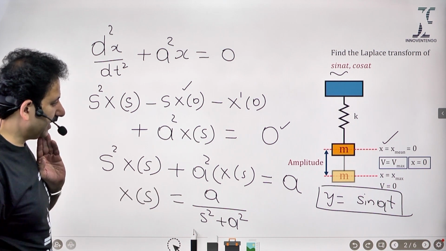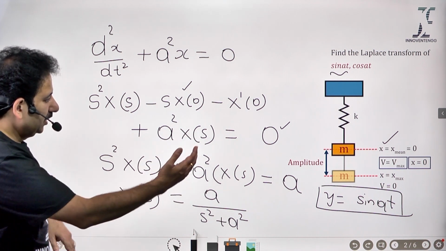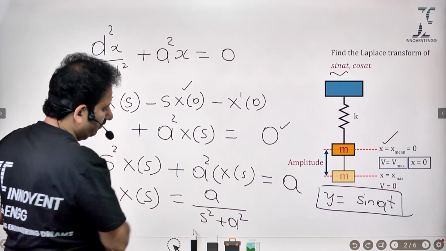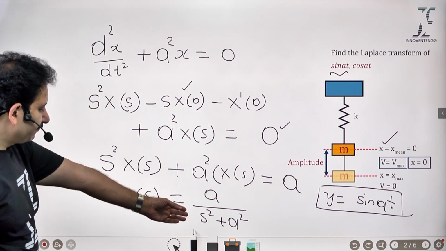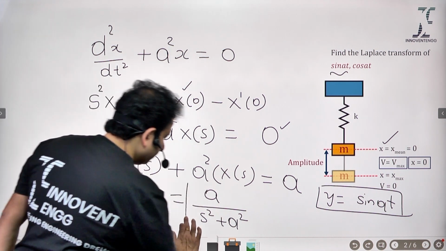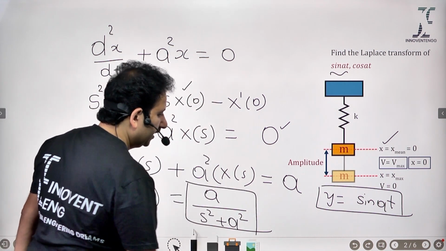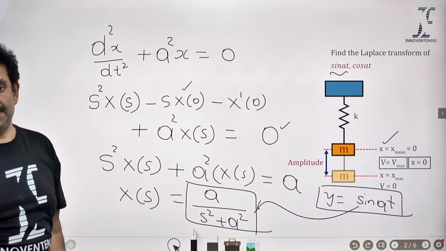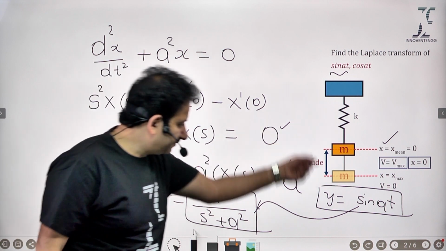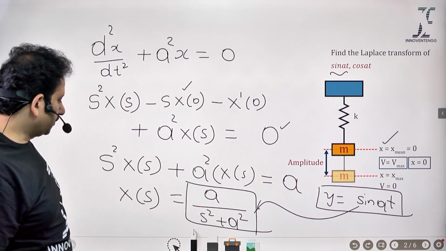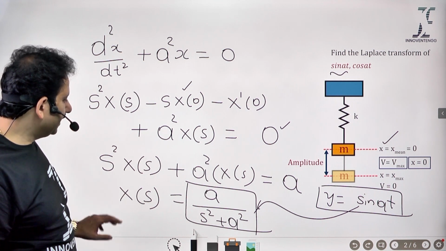It is a natural vibration, so the forcing function is made 0, and this is the Laplace transform of the time domain response of this particular system. It is just perturbed and left, and it starts oscillating on its own. So this is exactly the interpretation.